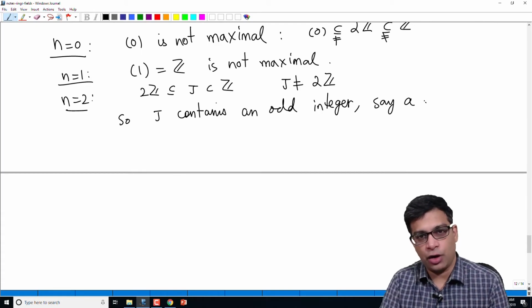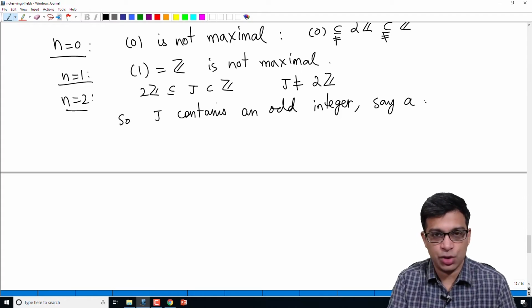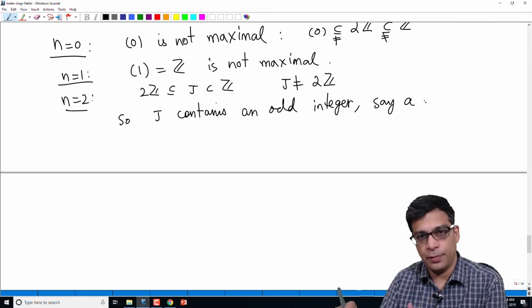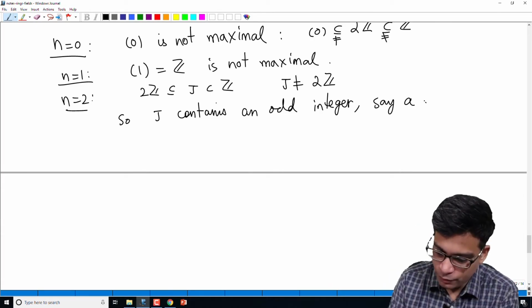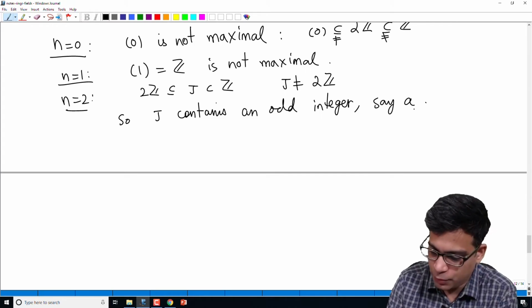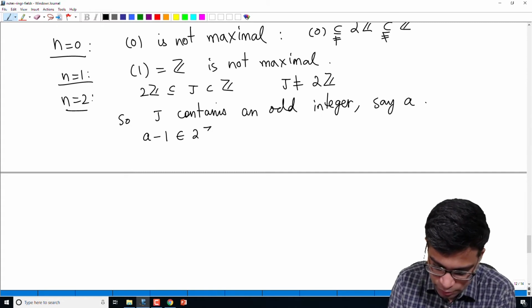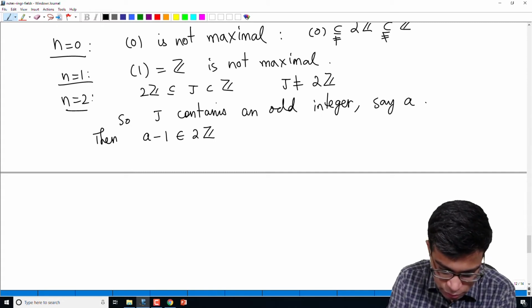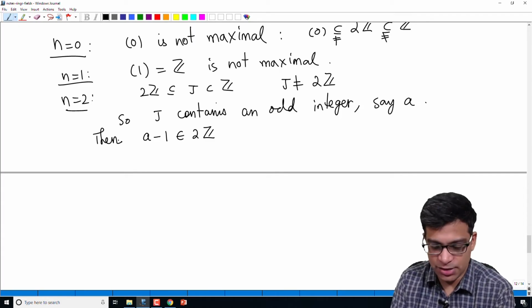If J doesn't contain an odd integer, J would be equal to 2Z, because J contains 2Z. The only way that it can be strictly bigger than 2Z is if it contains an odd integer. Let's call it a. But then a minus 1 is in 2Z, because a is odd, so a minus 1 is even, and every even integer is in 2Z.